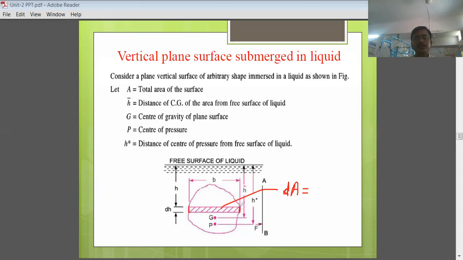If you consider it as a straight one, it is a rectangle, and the area of a rectangle is length into width. Here B is the length, so B into dH will be the area of this small strip. So this much is the initial part that we defined before deriving this equation.